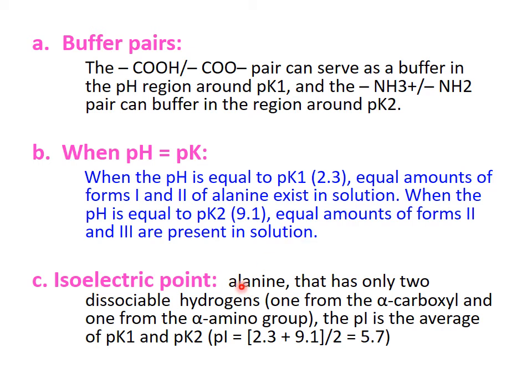Isoelectric point: alanine has only two dissociable hydrogens, one from the alpha carboxylic and one from the alpha amino group. The isoelectric pH is the average of pK1 and pK2. That is, you add these two values and divide by 2, and you get the isoelectric pH.